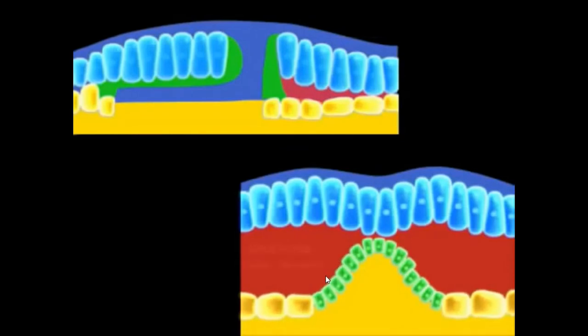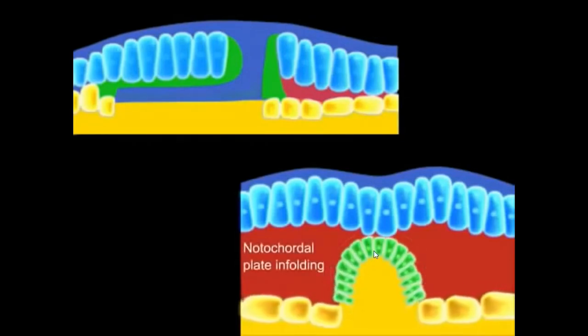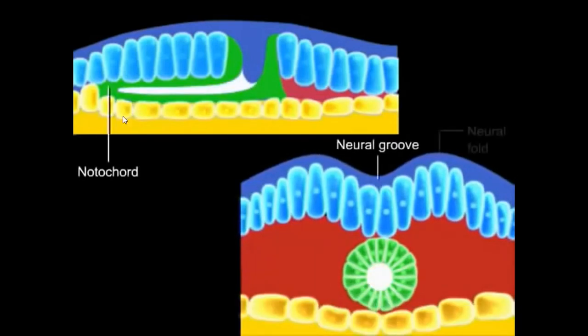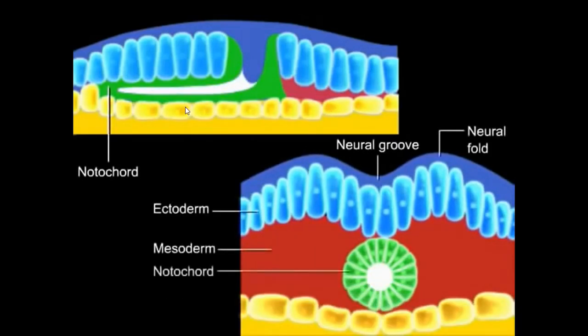Then notochord fuses back, infolding of notochord is happening, and reinforcement of the endoderm. So endoderm is closed, and now we have a notochord which arose from ectoderm, which was fused with endoderm, and notochord is present in between.